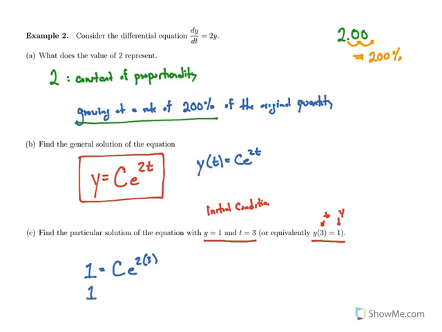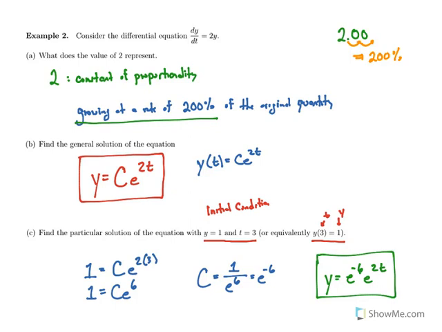That means that we have 1 is equal to c e to the 6th. E to the 6th is just a constant, so we can say that c is going to be 1 over e to the 6th, or e to the negative 6. So we could write our particular solution as y equal to e to the negative 6 times e to the 2t.